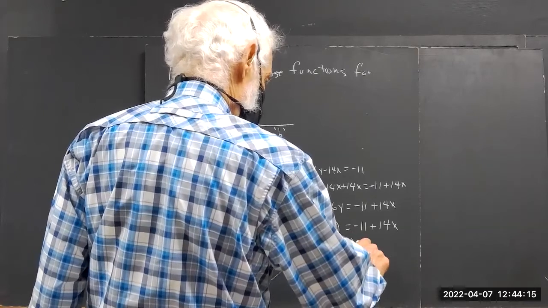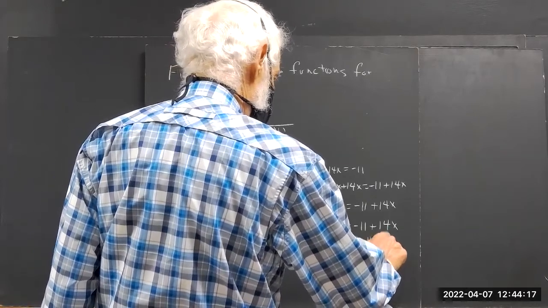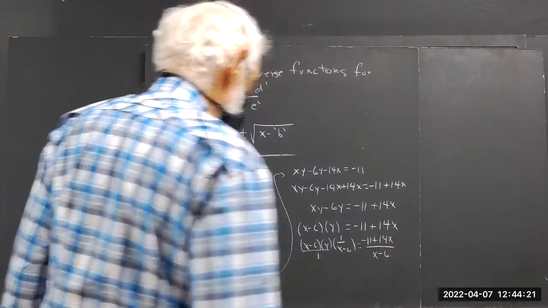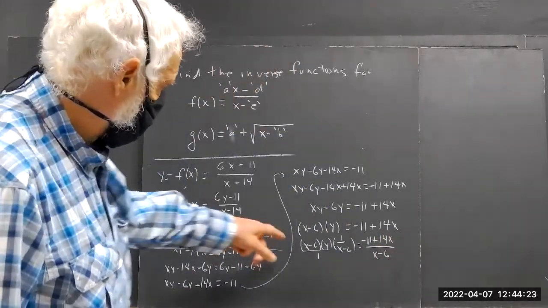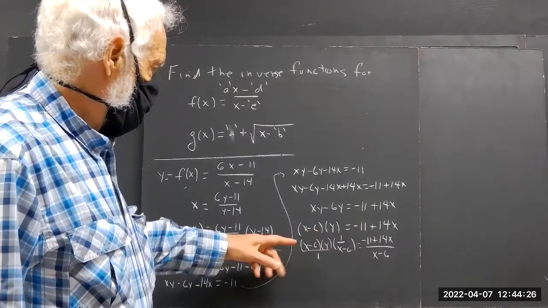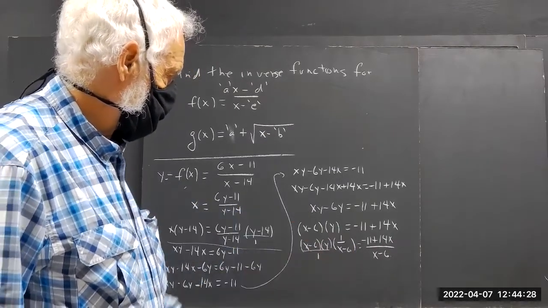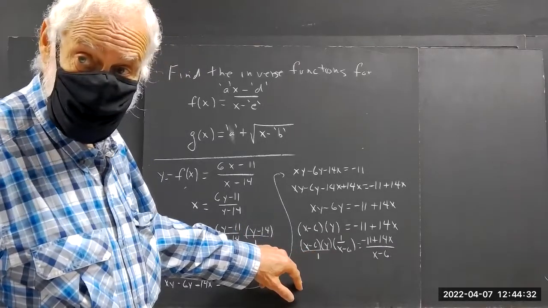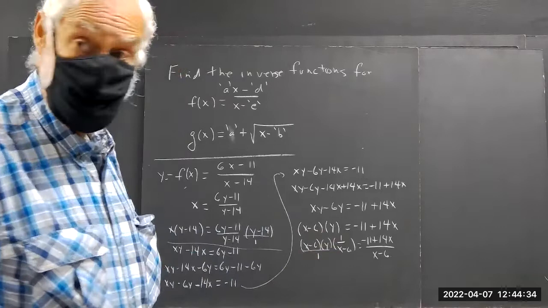We do it like this. And of course, this can be rearranged. Your numerator is x minus 6 times y times 1. Your denominator is x minus 6. You write x minus 6 over x minus 6 times y.